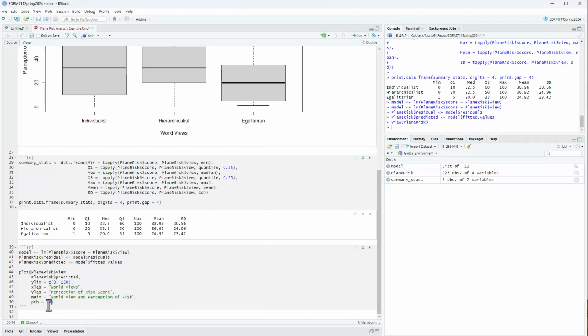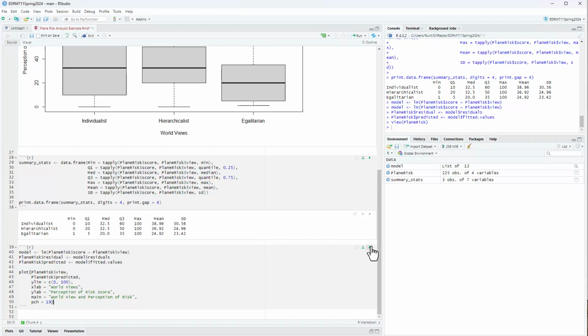I also have this little PCH equals 19. That's optional. All of these are really optional, but that PCH equals 19 stands for pitch. It's telling R how big to make each of my points. And I set it that way on purpose for the kind of plot that we're drawing here.